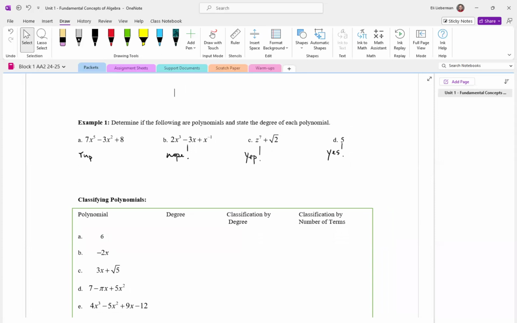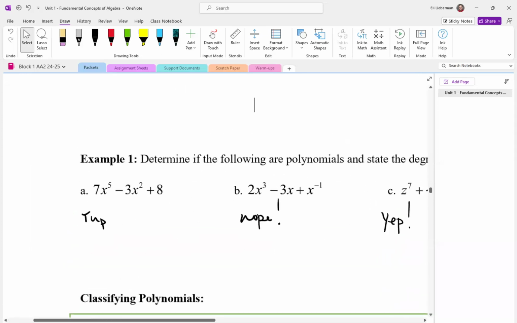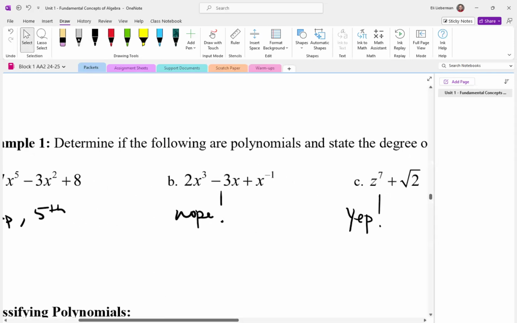In terms of degree, if you know the degree of A, could you show me what the degree is? Nice, the degree is 5 for A. I'm sorry, there are two different A's there. The degree here is 5. We always look for the highest degree, no matter what order it's in. B, oh yes. What's a degree?